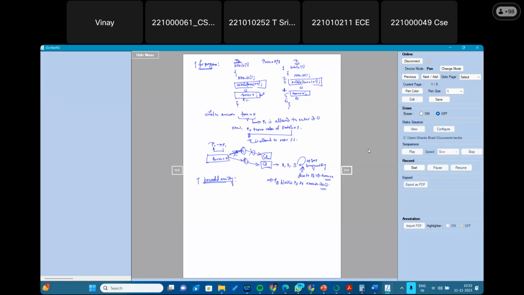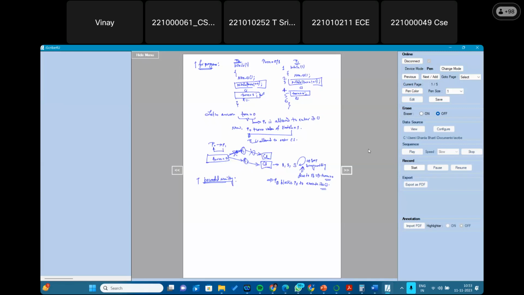Since it is a strict alternation, if process 0 wants to execute, it can execute when the turn value is 0. If the turn value is 1, it has to wait until process 1 executes. Means only one process will be a limit for algorithm 1. Okay.